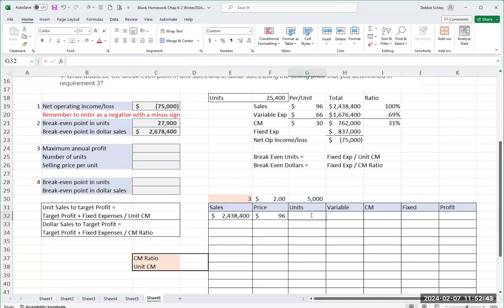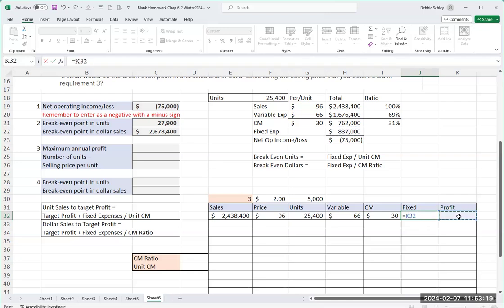And my number of units is equal to the number of units we started with. My variable per unit is 66. And then my contribution margin is my selling price minus my variable. Matches up.